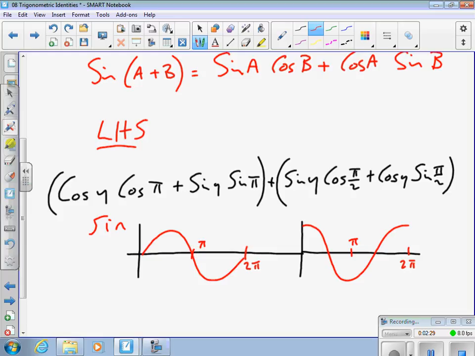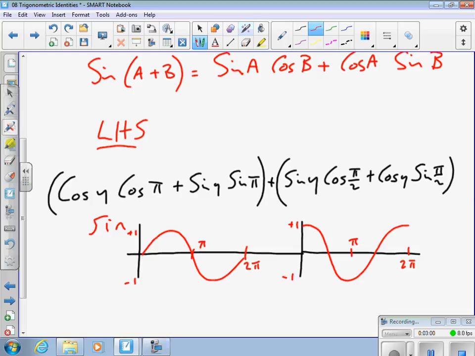If you don't remember those things, you can always use your calculator, you need to be in radians, because these are all in radians, to work out what the cosine of pi is. But if I've got this on my mind, I know what the cosine of pi is. It's this value here. Remember I said the amplitude is 1, this is plus 1, and this is minus 1.